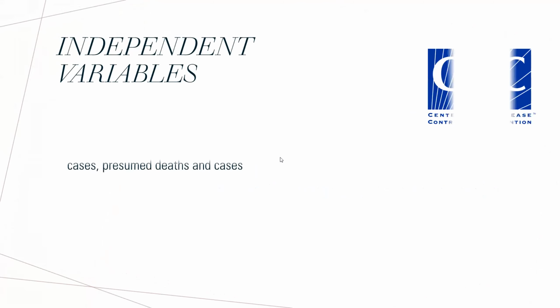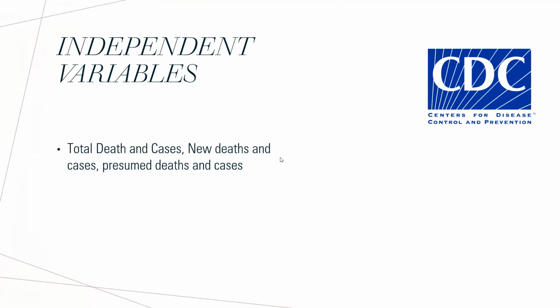So let's talk about the data. I'll first focus on the independent variables. The first ones I got from the CDC: the total deaths and cases, new deaths and cases, and presumed deaths and cases. Every state's CDC and health centers have to update daily the number of new deaths and cases, as well as total deaths and cases, so I was able to grab it from the CDC website.